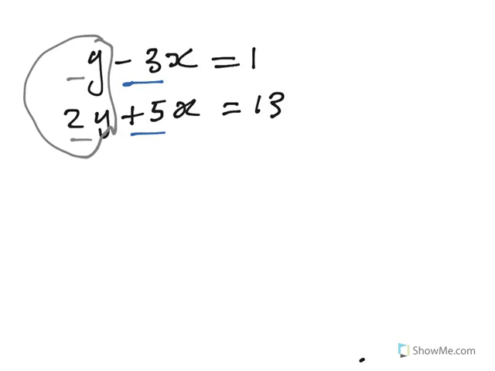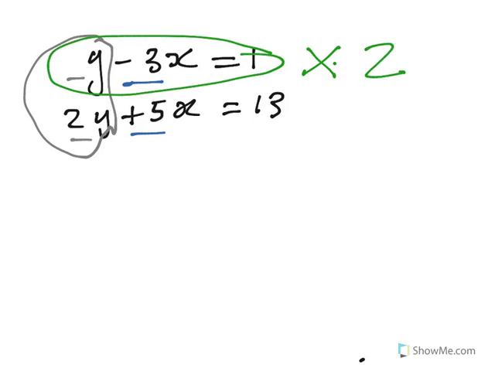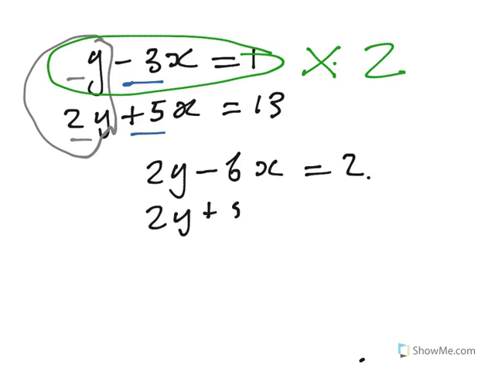So if I was just to multiply all of this top one by 2, then I would have 2y minus 6x equals 2. And then I have 2y plus 5x equals 13. Now, here we've got a positive and a positive, so we need to subtract.